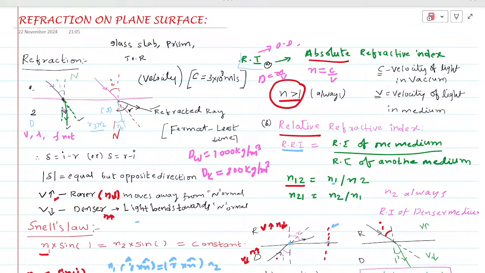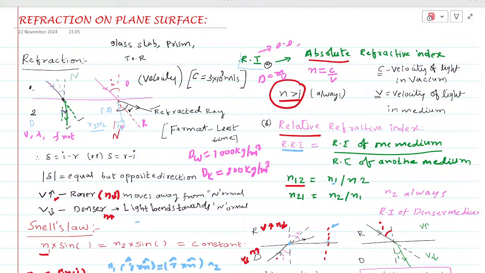In the denser medium, light bends towards the normal. That means light traveling from rarer medium to denser medium bends towards the normal, and light traveling from denser to rarer bends away from the normal. By the given refraction angle, we can tell whether the media is denser or rarer.